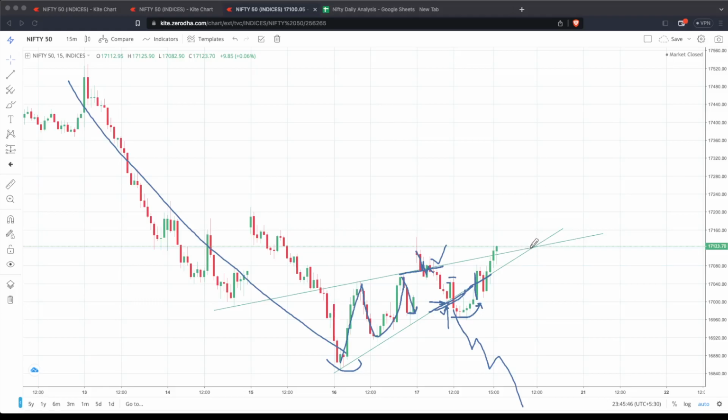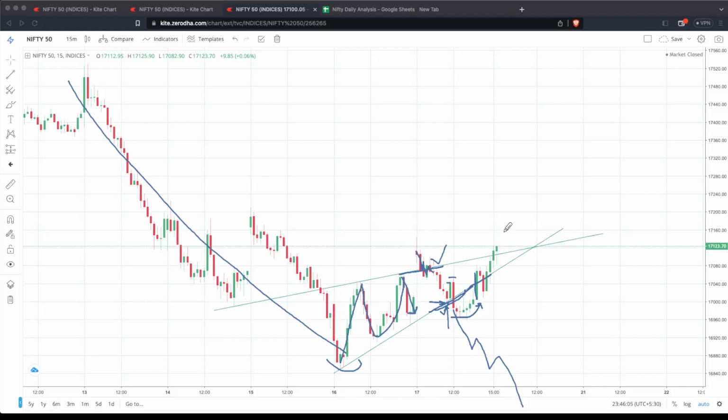Like I said in the analysis for 20th March, which you can see here in the top right corner, this setup looks like there could be a small gap up opening, or at least price could open somewhere here.